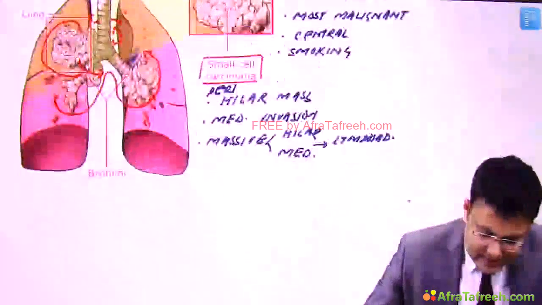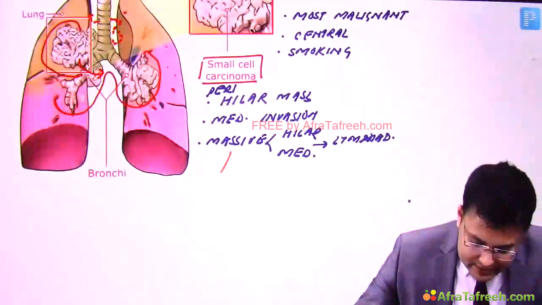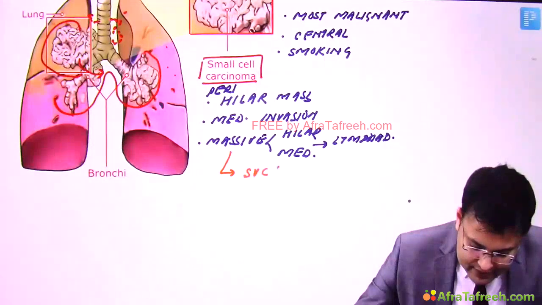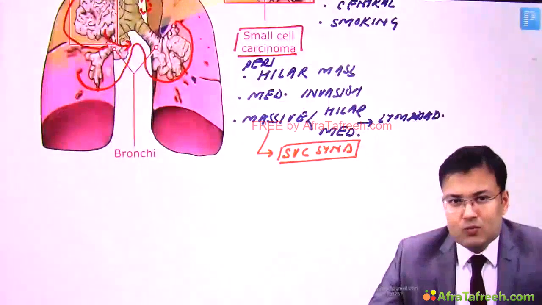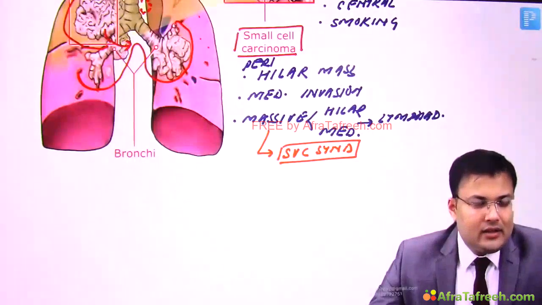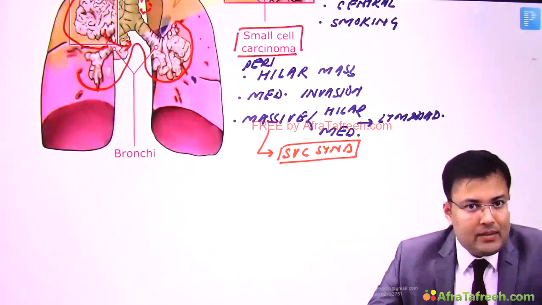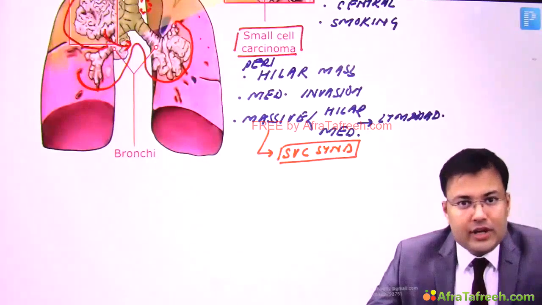Because of this there is superior vena cava syndrome, because there is superior vena cava obstruction. We discussed that this is most malignant, but it is most responsive to chemotherapy, and it shows response to radiotherapy also.